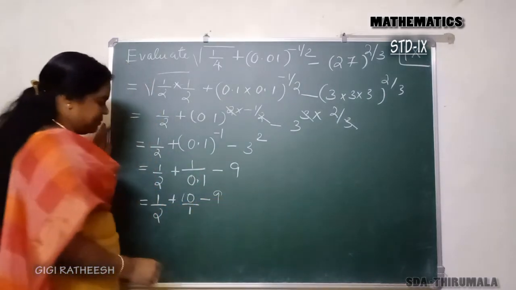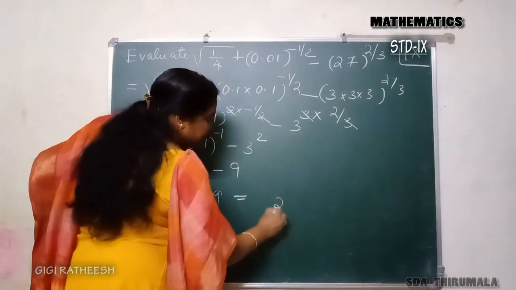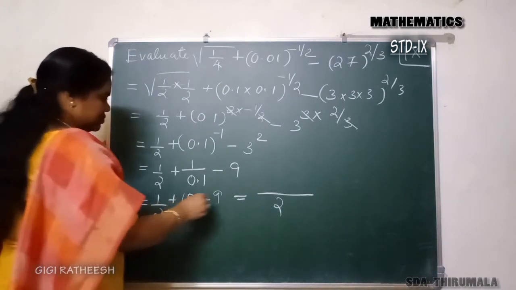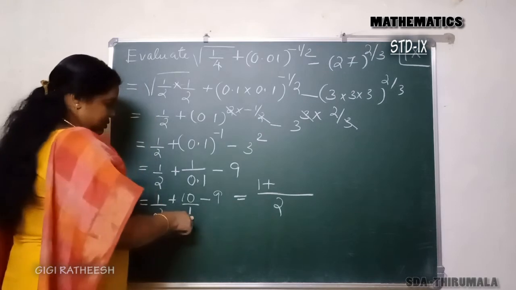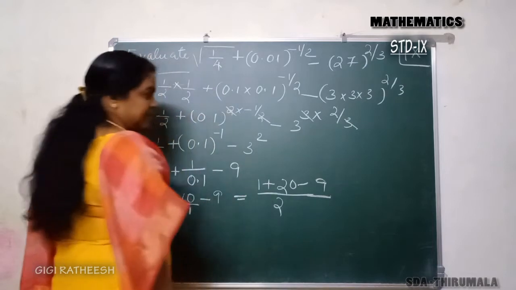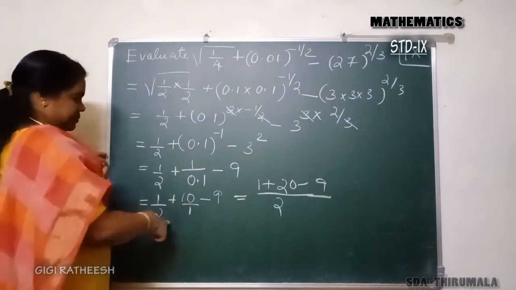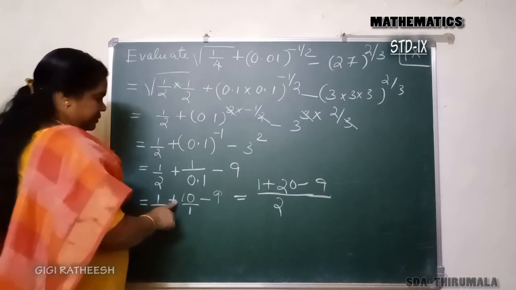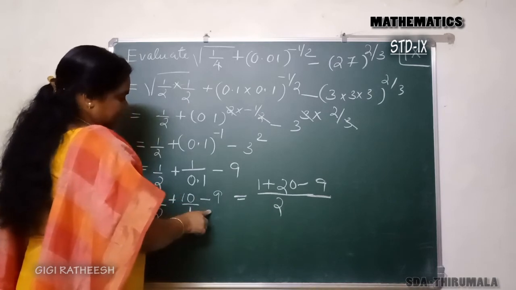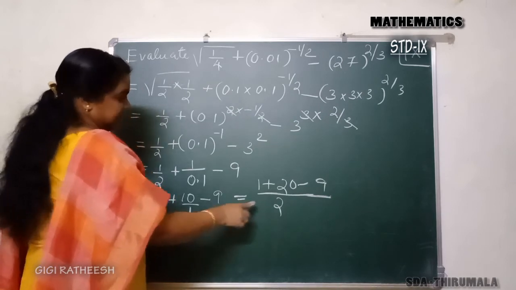And taking the LCM, LCM is equal to 2. 2 divided by 2 is 1, that is 1 plus 2 divided by 1 is equal to 2, 2 into 10 is equal to 20, and then minus 2 divided by 1 is equal to 2, that is 18.